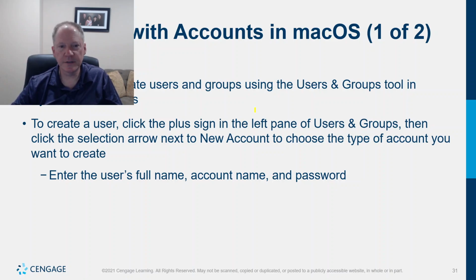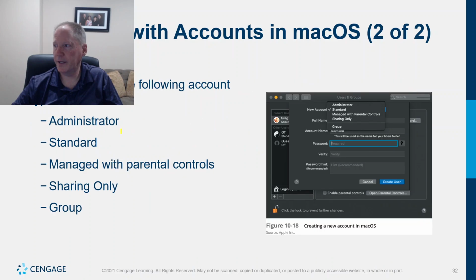You could use the Linux commands, but it's probably more convenient to use the GUI. So you go into System Preferences, Users and Groups, and then you can create the users there. And here it shows, is it a standard user, is it an administrator, or how are you going to create it? And then away you go from there.